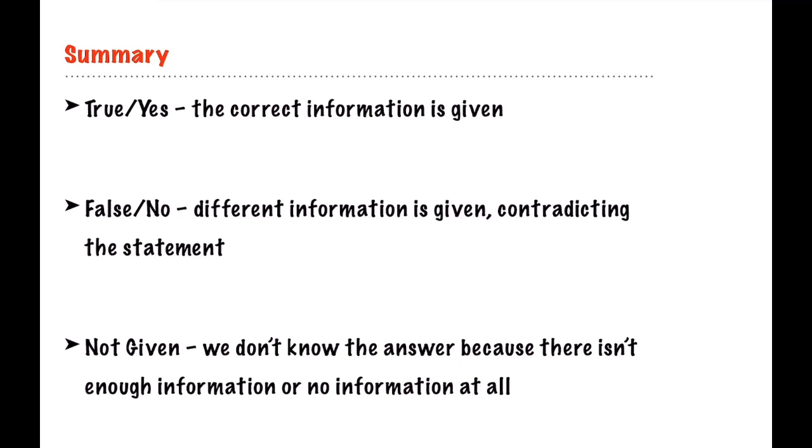So the information is stated in the passage, however, it is a contradiction to what the statement is providing. And if it is a not given, we do not know the answer because there isn't enough information or no information at all. So this is all you need to know about true, false, not given, yes, no, not given. Something you need to wrap your head around.